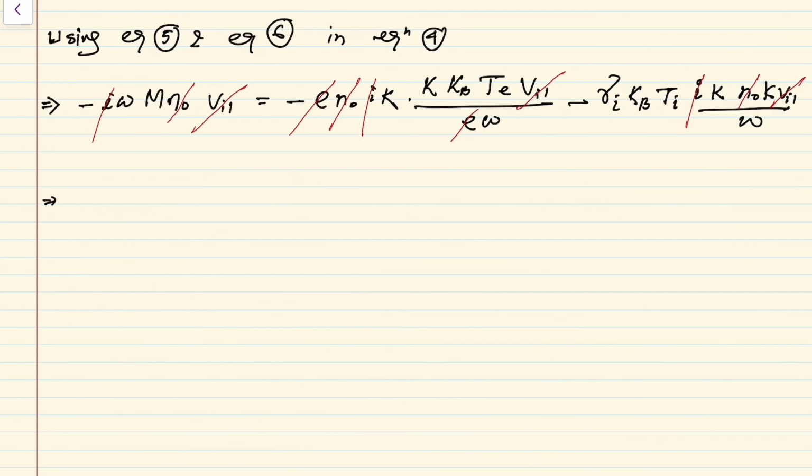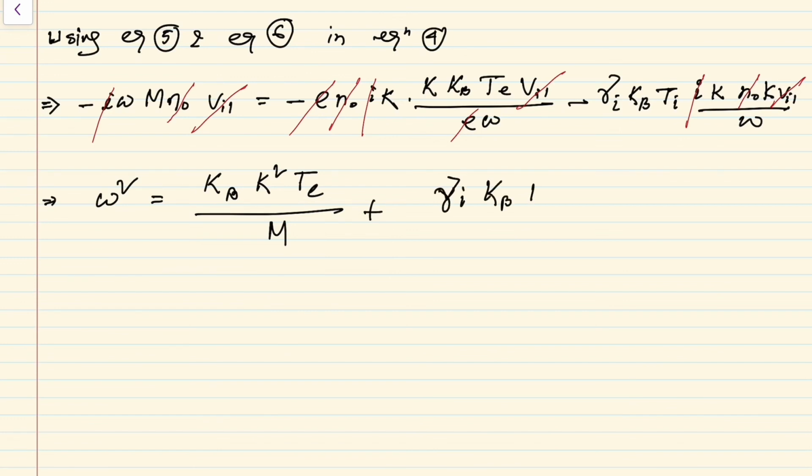If you multiply both sides by minus ω, you will get ω², and if you divide both sides by capital M, then you will get k_B k² T_e by M plus γ k_B k² T_i by M.